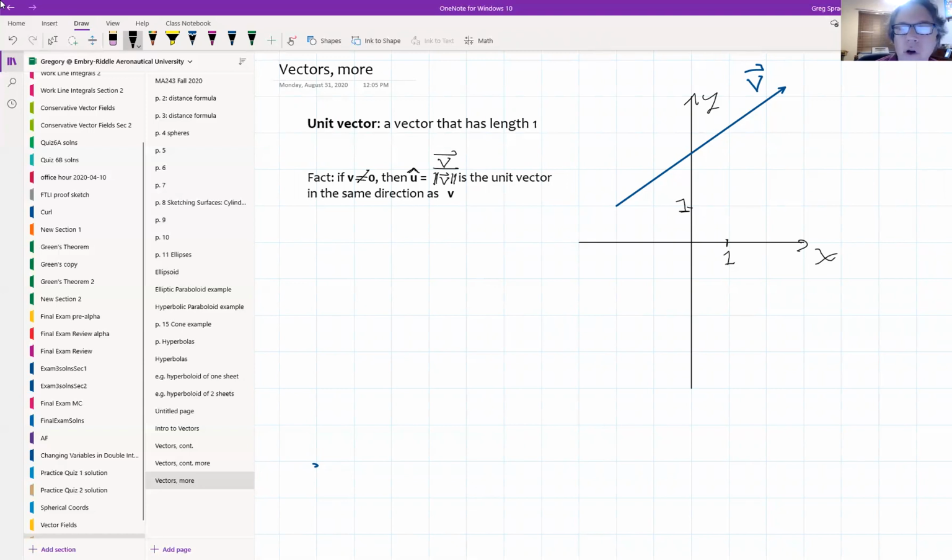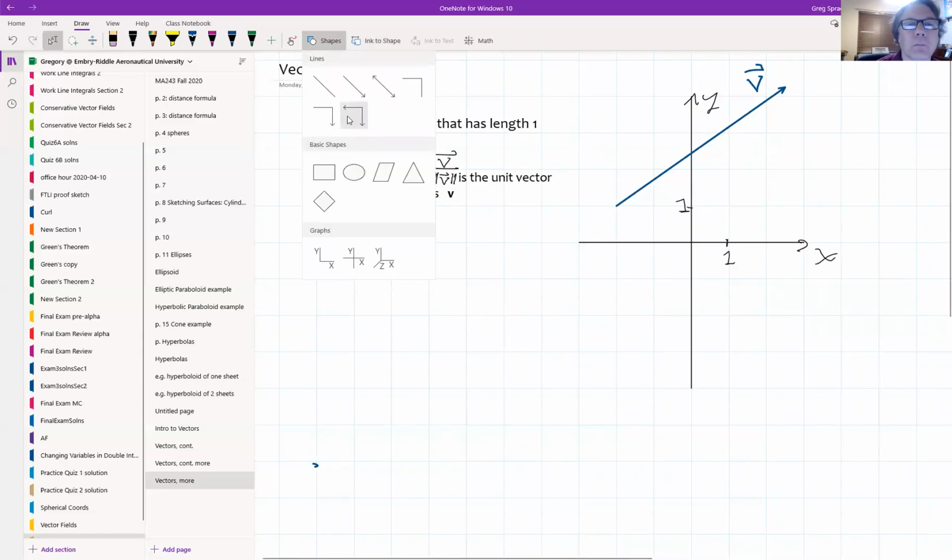It's not mandatory, but it's a good idea because it reminds you that it's a unit vector. So you scale the vector V by dividing it by its own length. And obviously you can only do this with a non-zero vector V because you can't divide a vector by 0, just like you can't divide a number by 0.